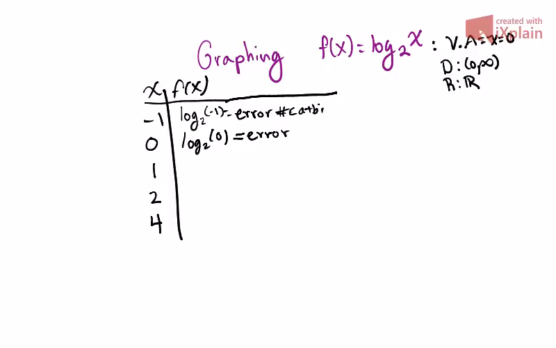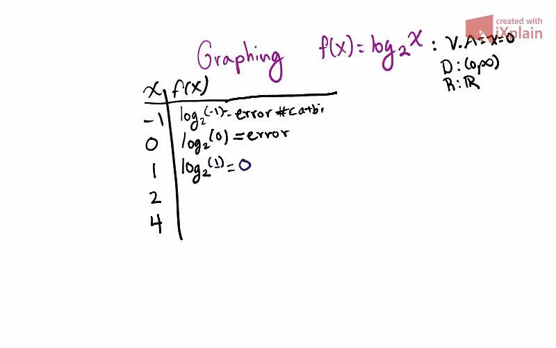Now, what power of 2 gives you 1? It's not a trick question. Anything to the what power equals 1? If you said 0, it's right. Anything to the 0 power is 1.